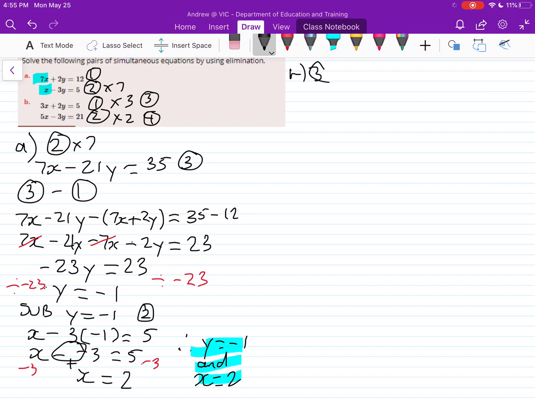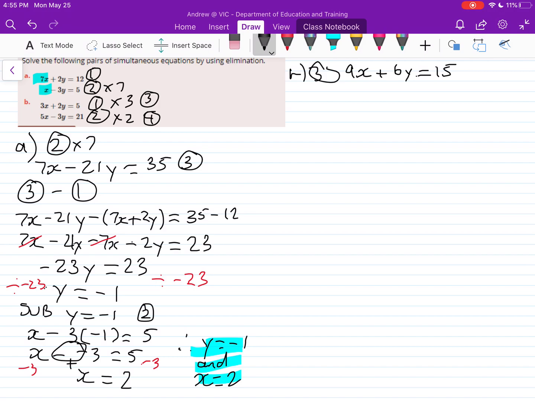So equation 3 is going to be 9x plus 6y is equal to 15. Make sure you multiply every term by that 3.